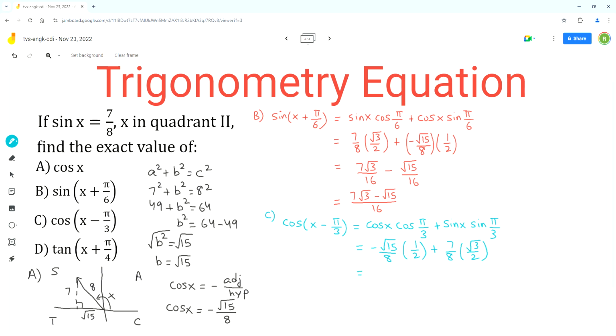Next, we can multiply these fractions. We multiply the numerator terms and the denominator terms. Next, we can combine these fractions because they have the same denominator.